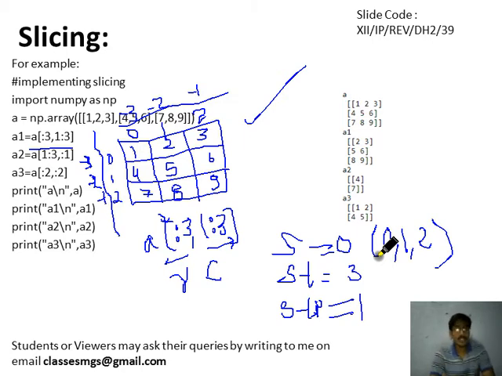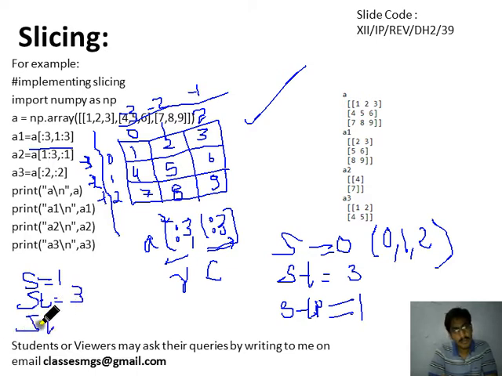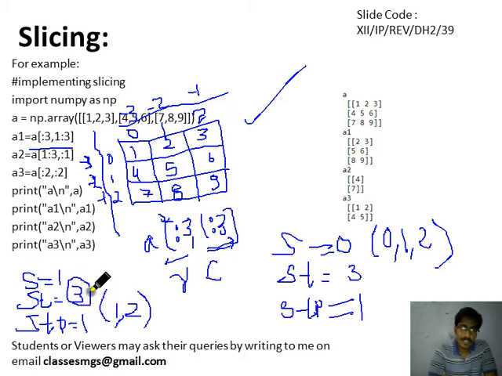Which columns will be selected? The start position is specified as 1, the stop position as 3, and there is no step specified, so by default it will be 1. So starting from 1, columns 1 and 2 will be selected, because it selects only up to stop minus 1, so up to 2 only.